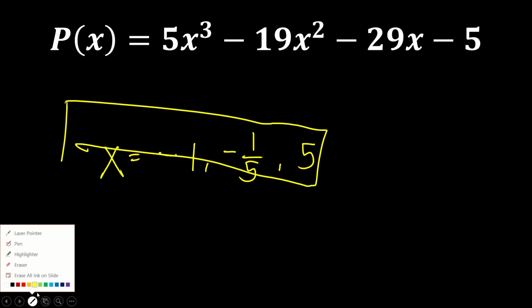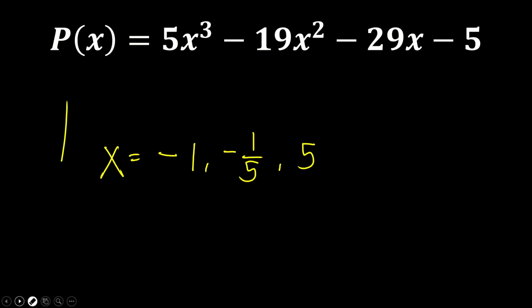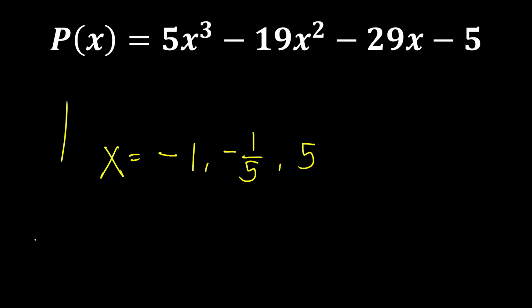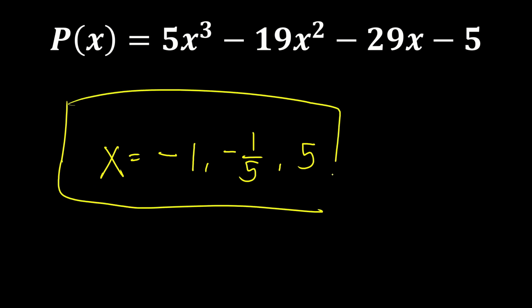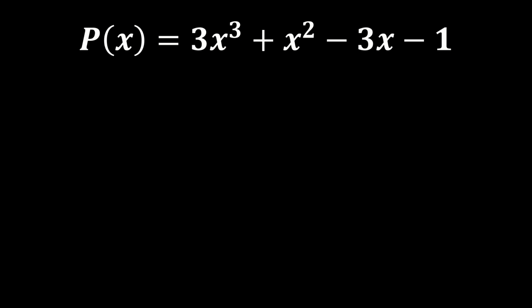These are the values of x po that will make the function be equal to 0. So, ito daw yung mga values ng x na kapag sinubstitute natin ay magiging equal sa 0. Okay po? Now, let's have the third and the last example.